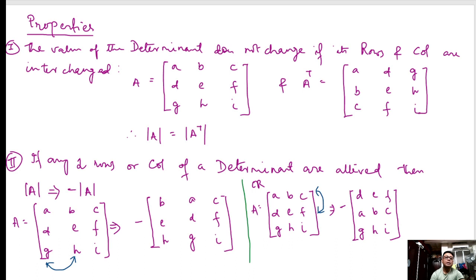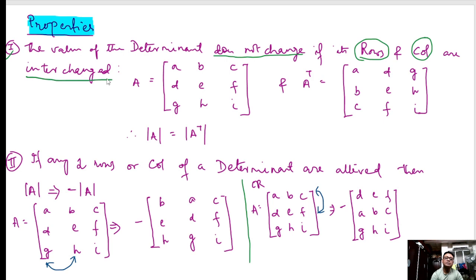Next is properties, which are again a very important part. Properties of the determinants, because whatever sums we will be doing is with the help of the properties. Property number 1: the value of the determinant does not change if its rows and columns are interchanged.